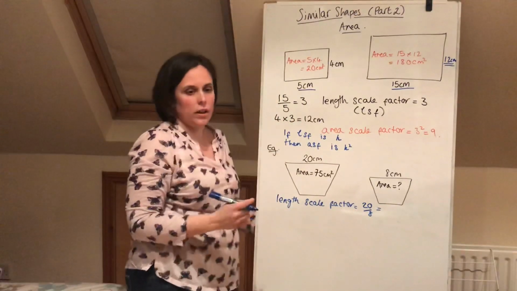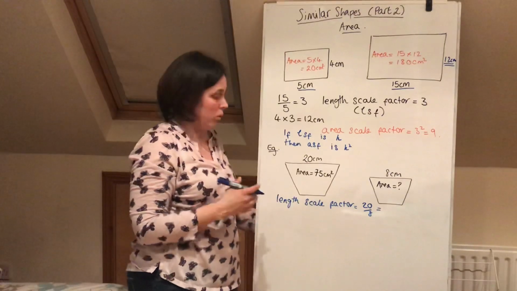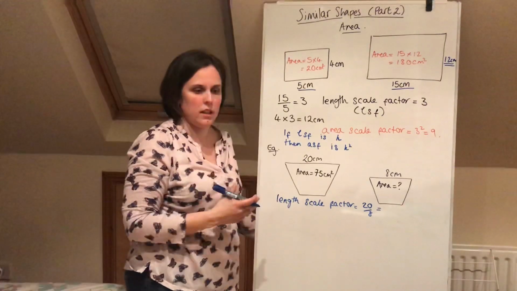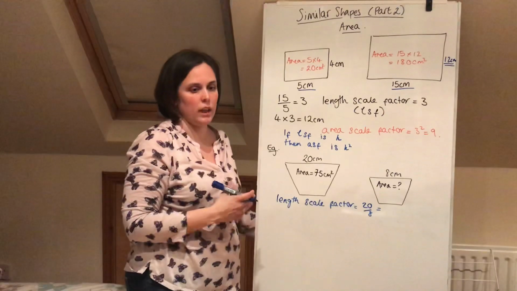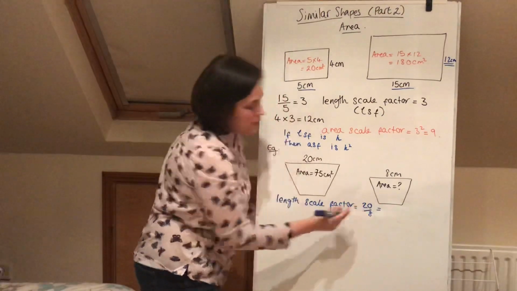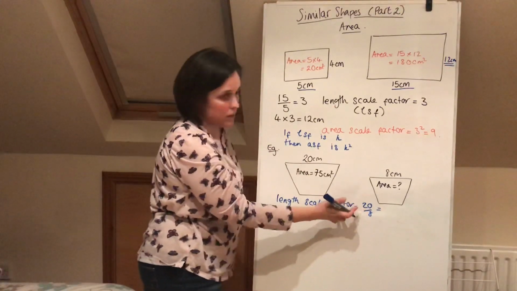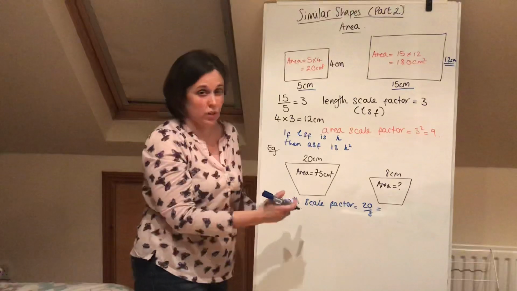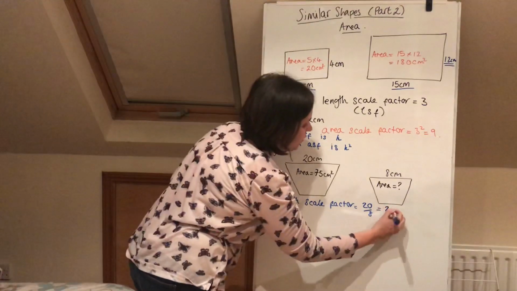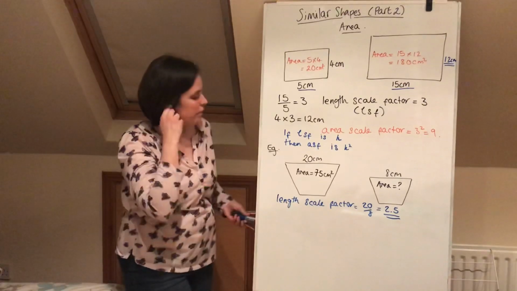Now you can do that either using a calculator, okay, or you can just cancel it down if this happens to be on a non-calculator paper. And this one is actually, if you cancel that down, 4 goes into both of those. 4's into 20 is 5, 4's into 8 is 2, so it's 5 over 2, which is 2.5. So your length scale factor is 2.5.